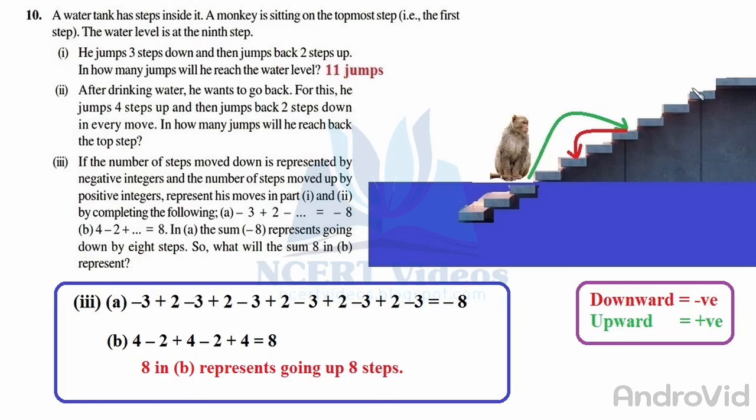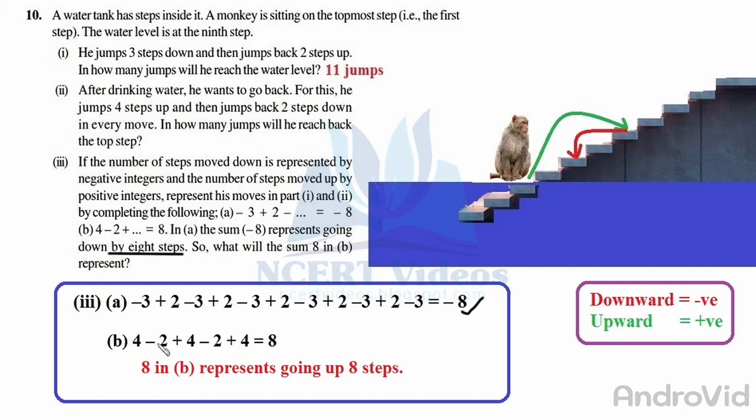So this is a fast way of doing it and to remember it. Similarly for the B part, we will use the second part of the question because he moved back towards the step after drinking water. In the previous case, minus 8 represented going down by 8 steps. So this was your first part.